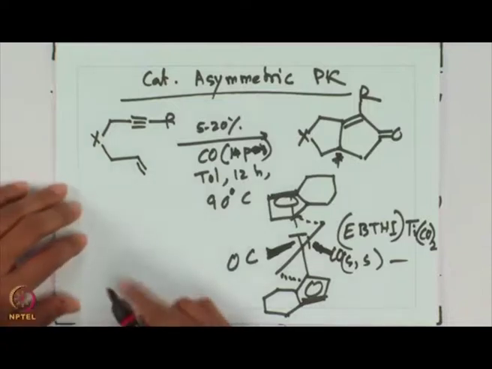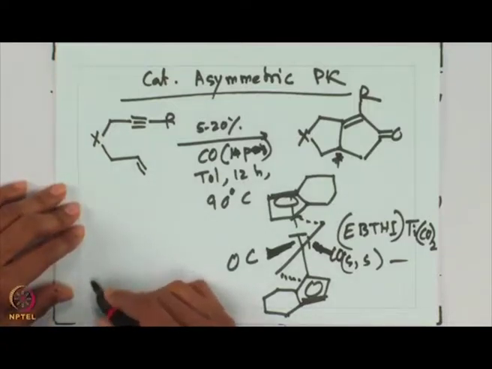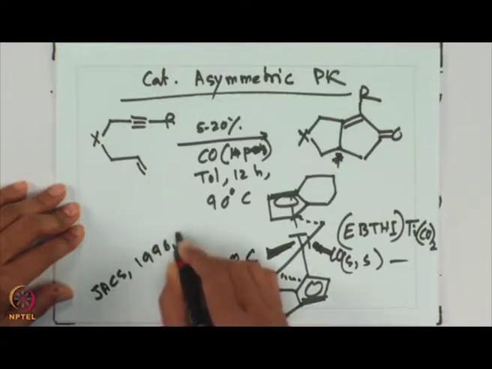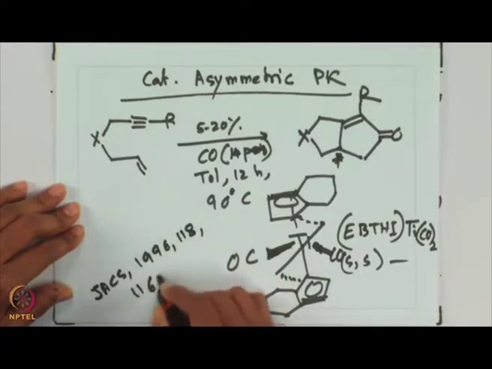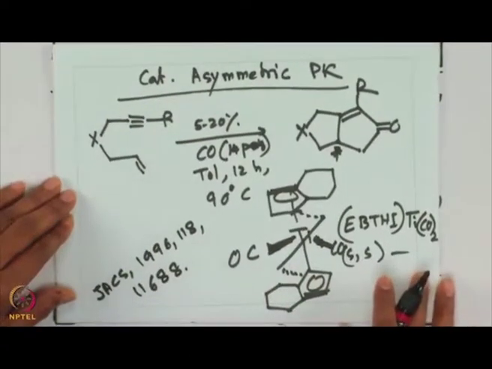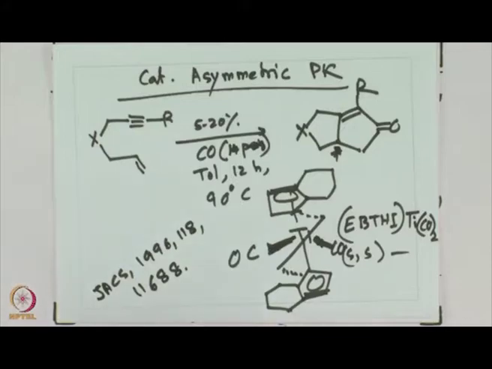Okay. This is reported by Buchwald in JACS 1996, 118, 11688. And also there is a recent review in 2006 by Shibata in Adv. Synth. Catal. in 2006, you may want to read.